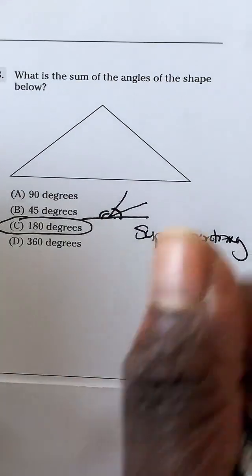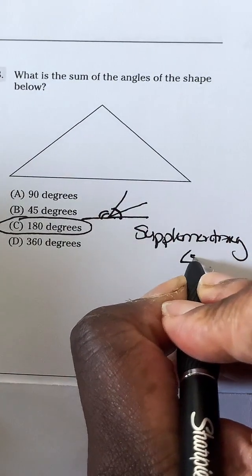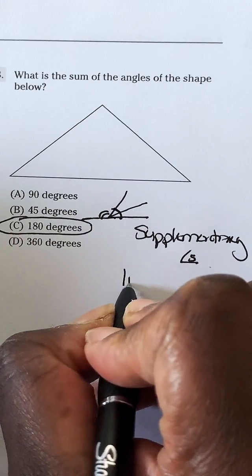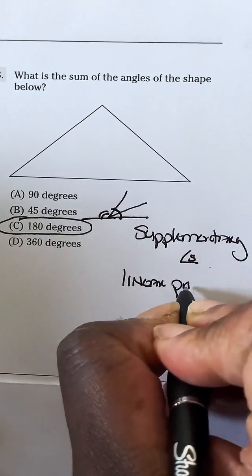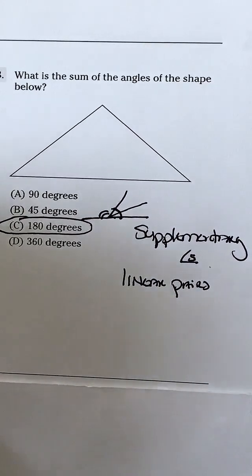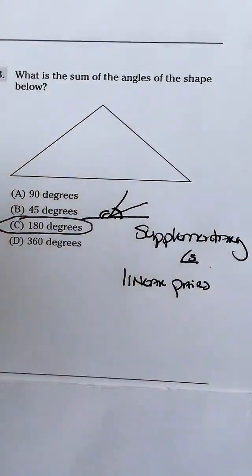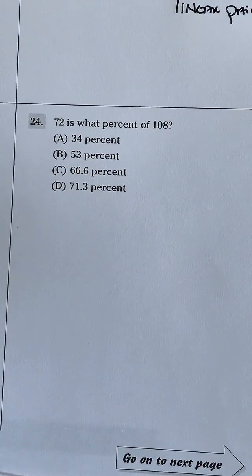Supplementary angles are also known as linear pairs. So if you said that as well, awesome.